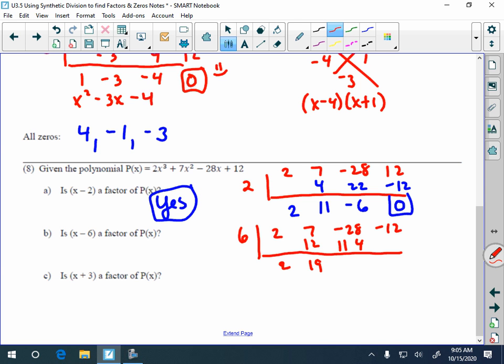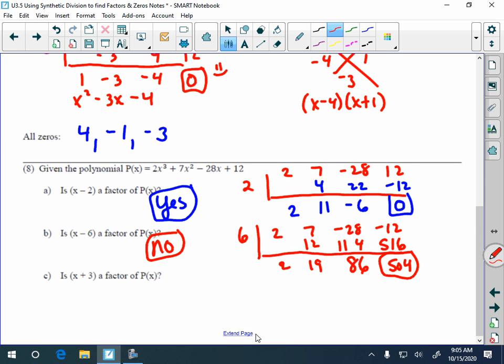Just get the calculator real quick. It's 86. 86 times 6. 516. And you can see that we are not going to get 0. All right, so you could stop, but I'll just finish at 504. All right, so you can see the remainder is 504. So that is not 0. So x minus 6 is not a factor.